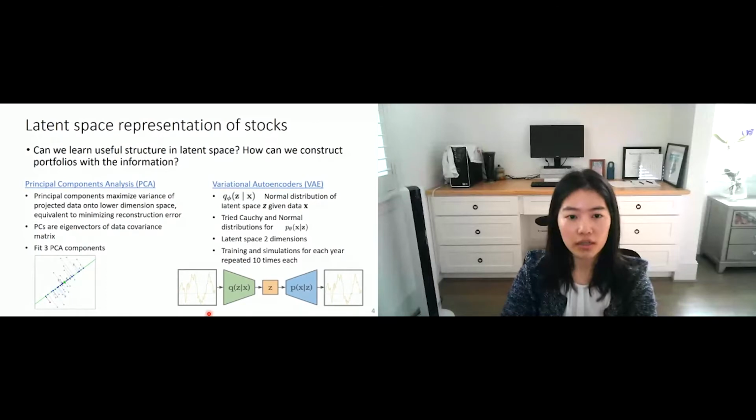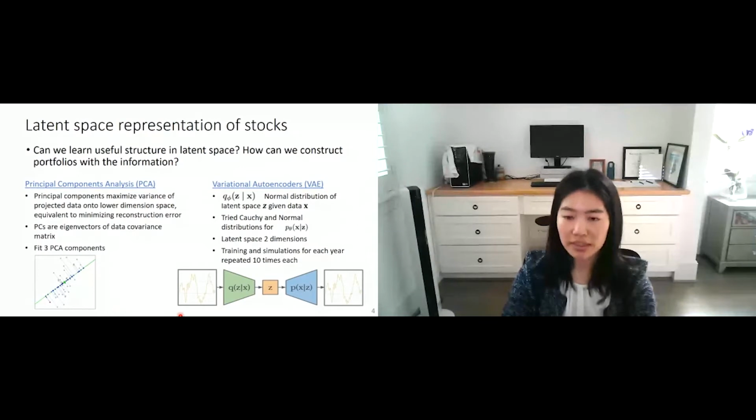It works well in many cases, and it requires principal components that we will project the data onto. And the principal components are chosen to maximize variance of the projected data onto the lower dimensions. And in our case, we used 3 principal components.